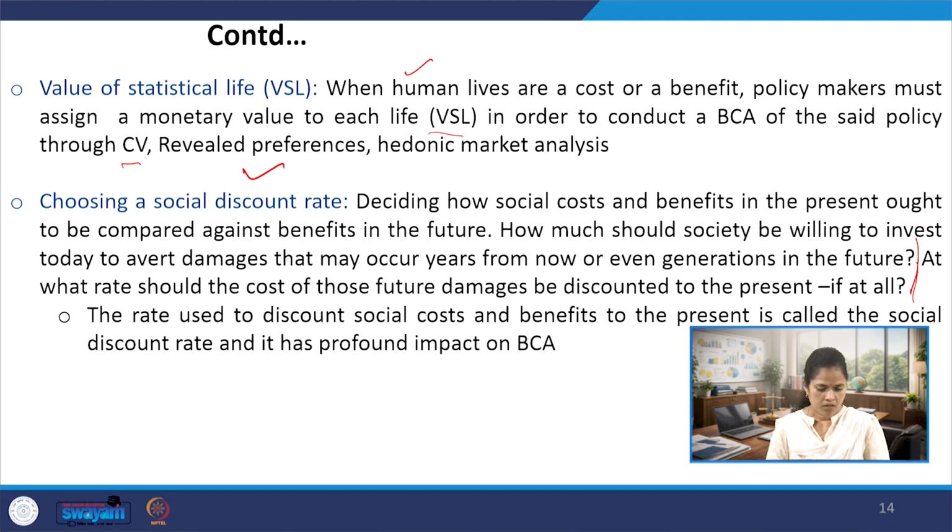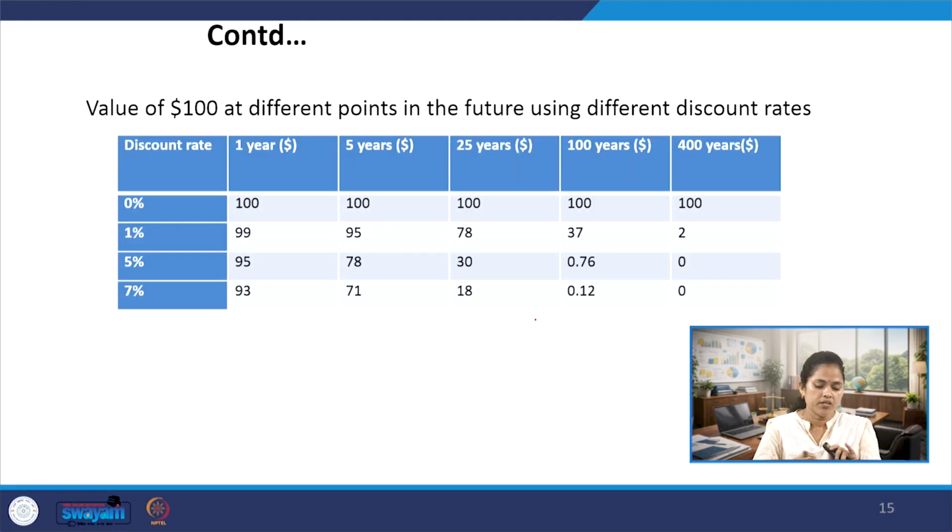And again, we have to take into account how this social discount rate is important in benefit cost analysis. That is the reason we can take a case: if the discount rate varies, then what would be happening for the decision makers regarding a particular policy or project.